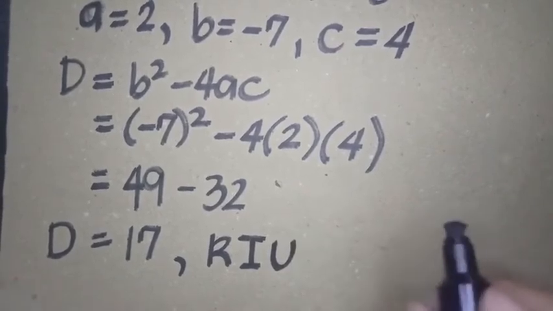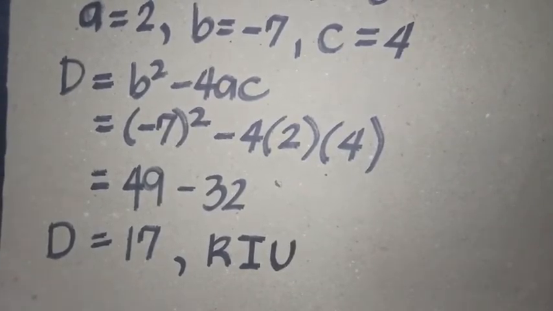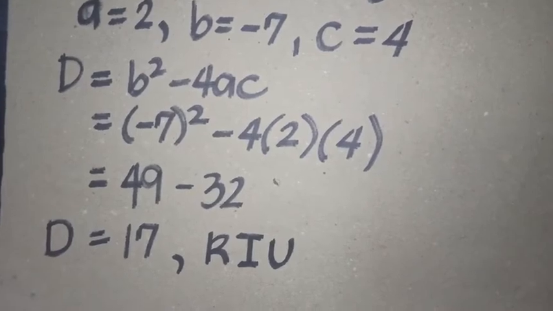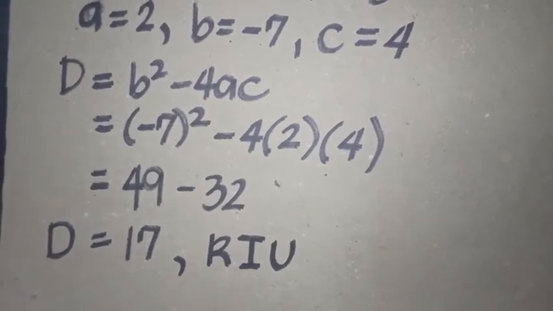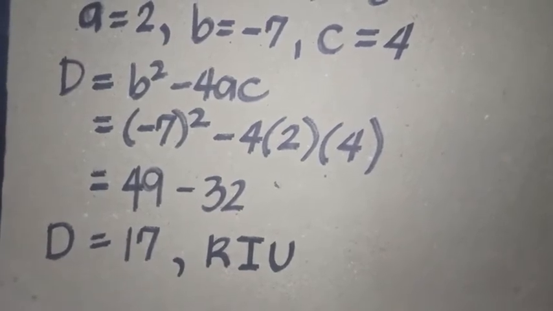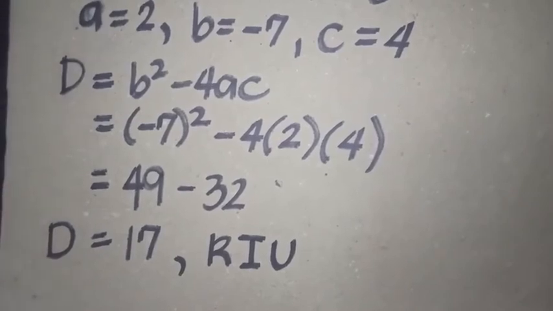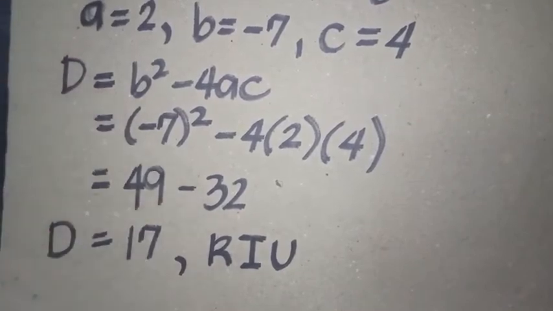So ang difference dun sa second example natin and our third example is that pareho silang positive. Yun nga lang, ang discriminant natin na lumabas dun sa second example, which is 144, is a perfect square. Tapos dito, yung 17 na discriminant natin is not a perfect square. So, nagkaiba lang sila whether they are rational or irrational.